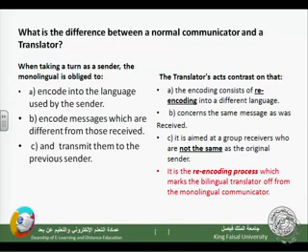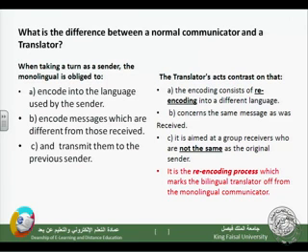Now, the major difference which makes the translator different from the monolingual communicator is that it is the re-encoding process, which marks the bilingual translator off from the monolingual communicator.